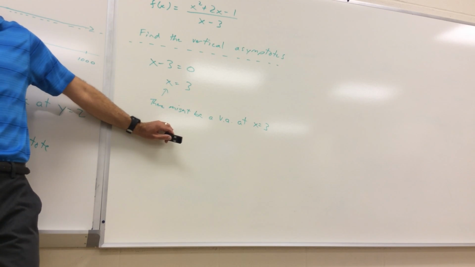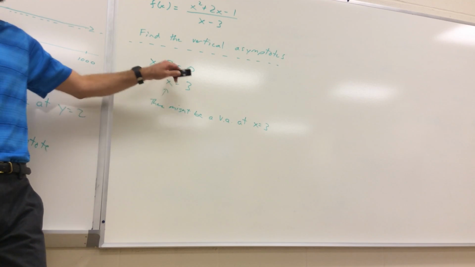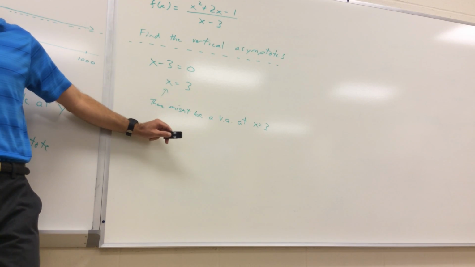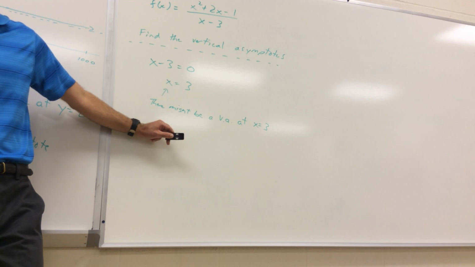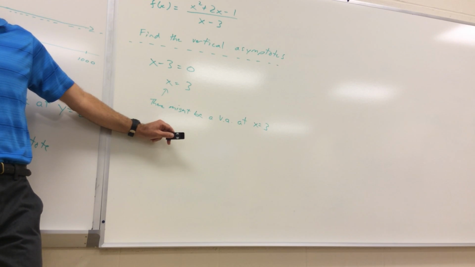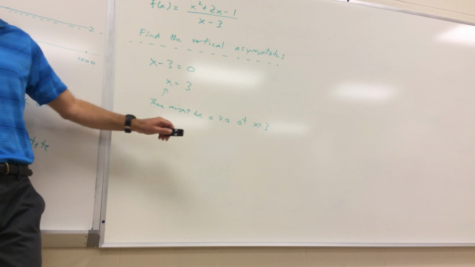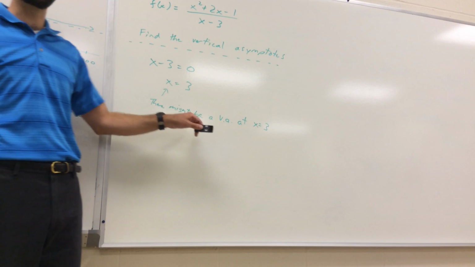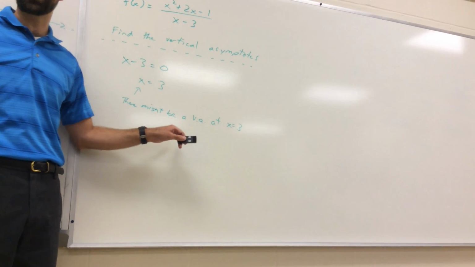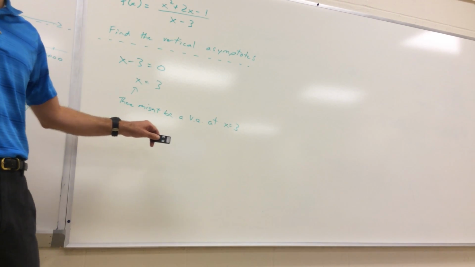This is tricky for people because in the past you were able to stop here and say, since the denominator comes out to 0, that means there's a vertical asymptote there. But that's not okay to stop there this year. What you have to do after that to confirm whether it is a vertical asymptote or not is take a limit.